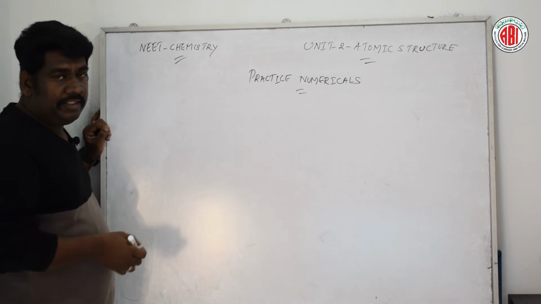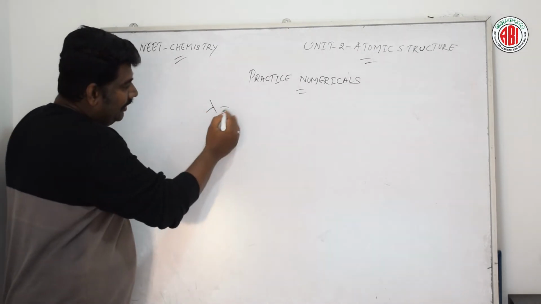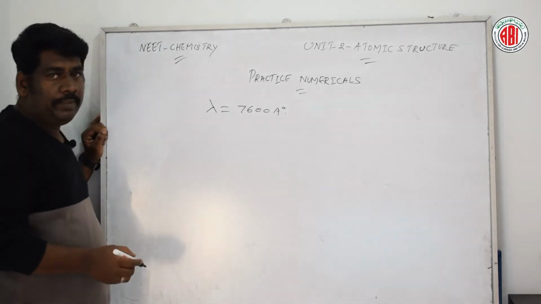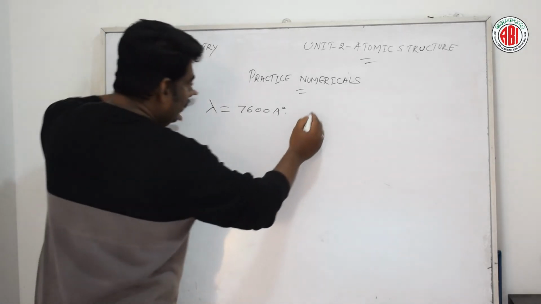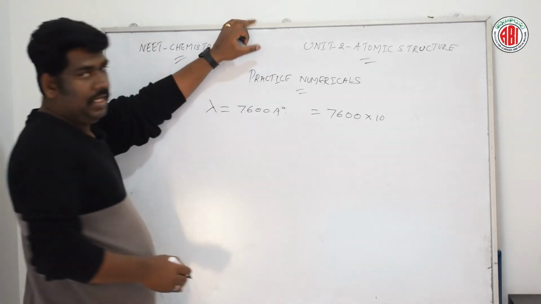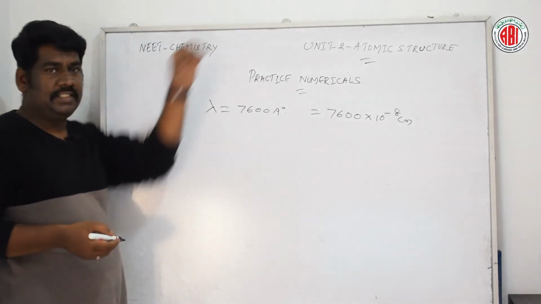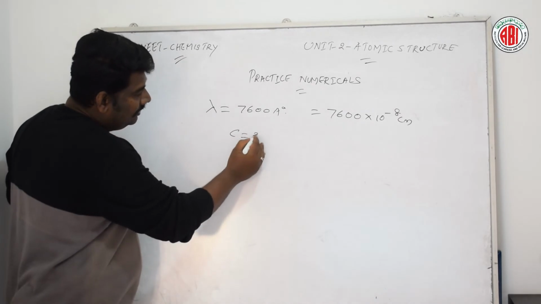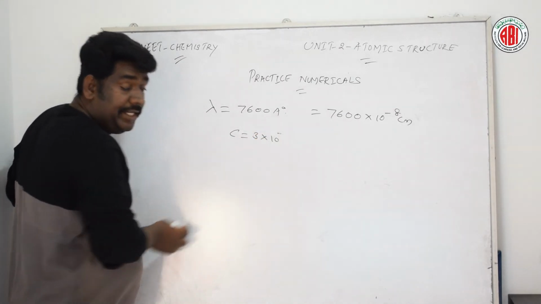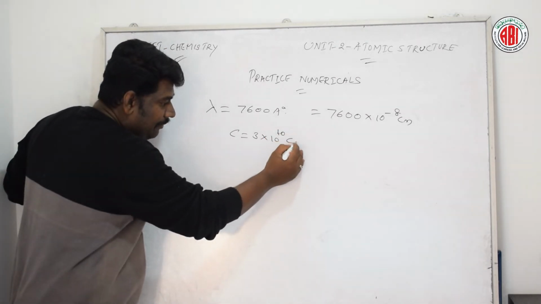Okay, so according to this question, the lambda value is given as 7600 Armstrong. To be considered in centimeter, that is 7600 into 10 to the power of minus 8 centimeter. Next, the C value is 3 into 10 to the power of 10 centimeter per second.